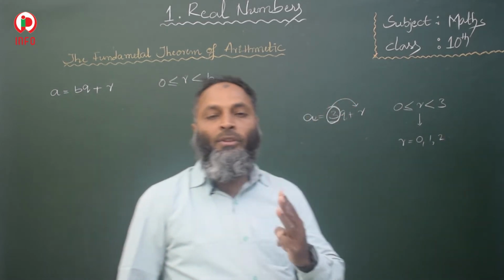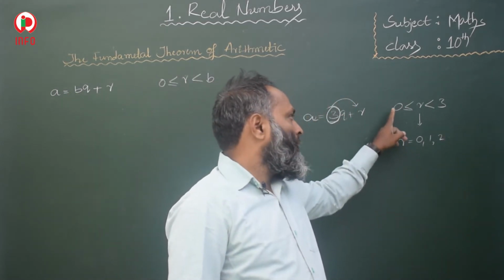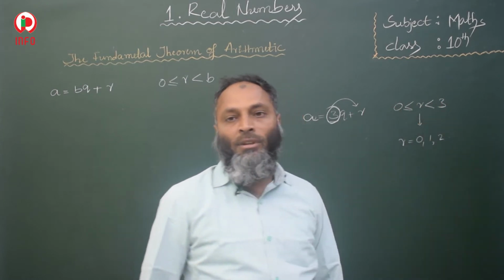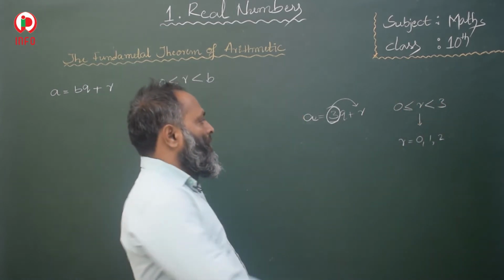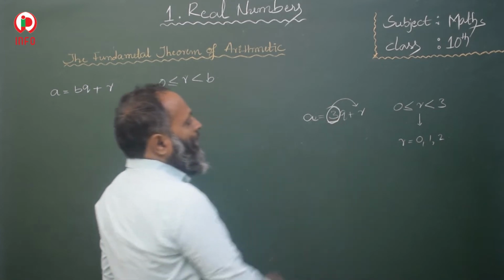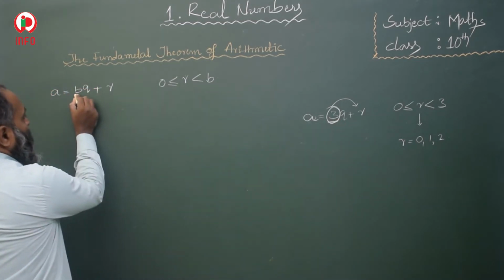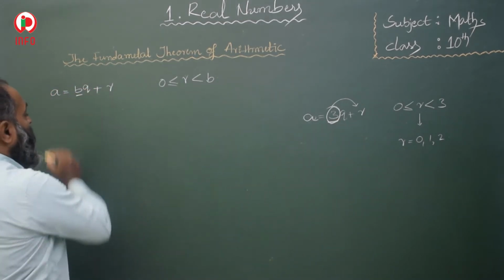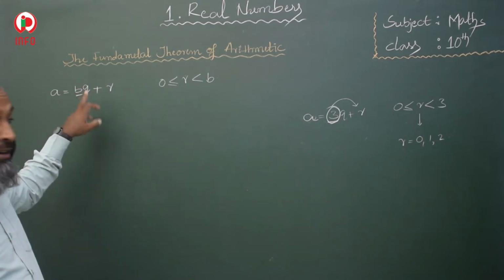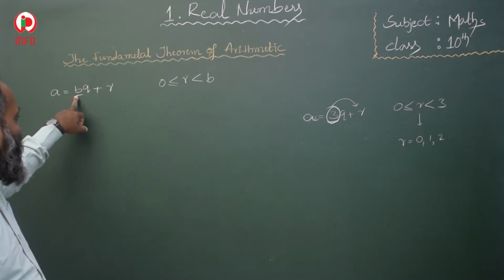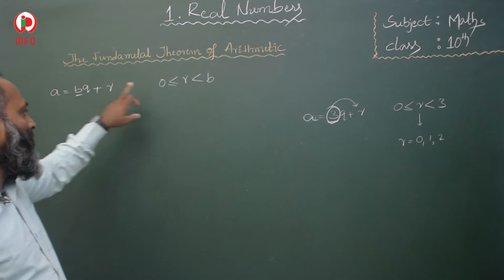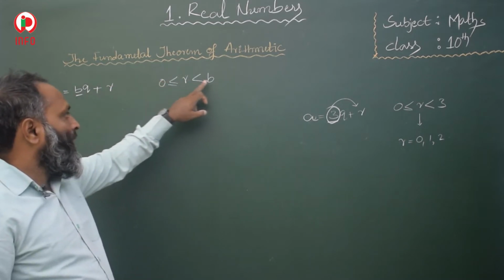When we divide by 3, the remainders are from 0 to less than 3. Here also the same: if the divisor is b, the remainder is 0 to less than b.